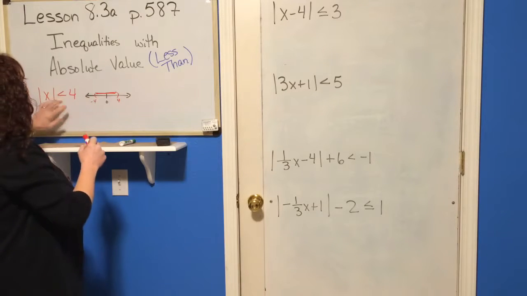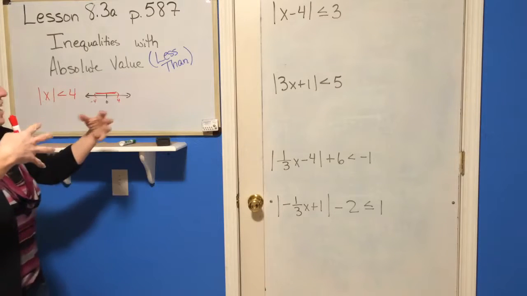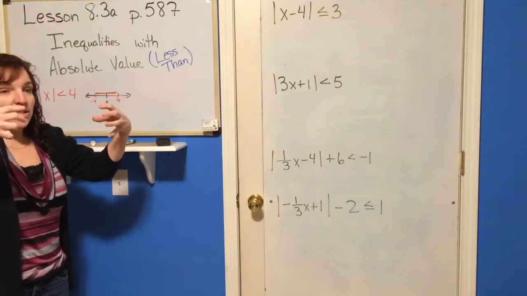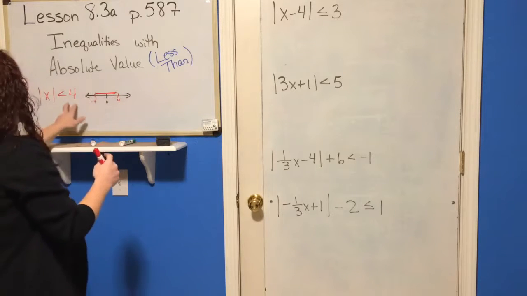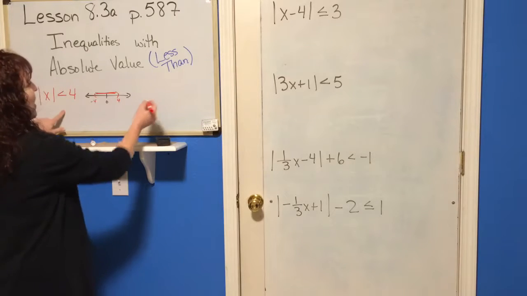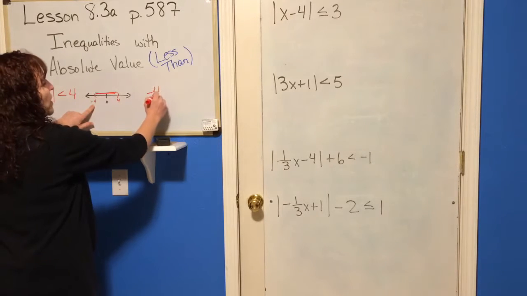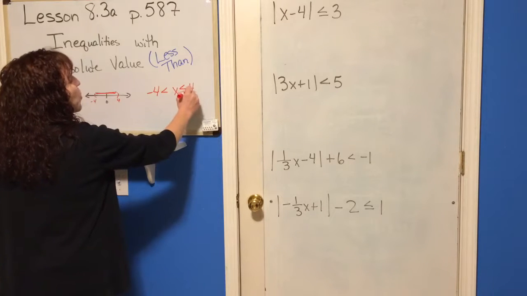So the absolute value of an inequality, if it's less than, then it's going to be in between the negative and positive of our two endpoints. And so this ends up being -4 is less than x, which is less than 4.